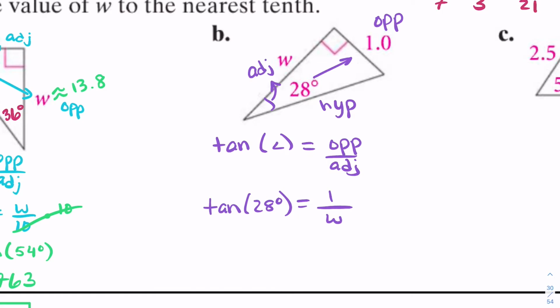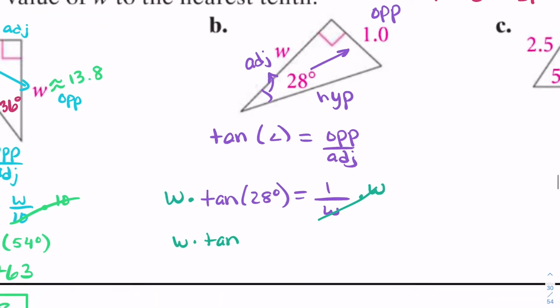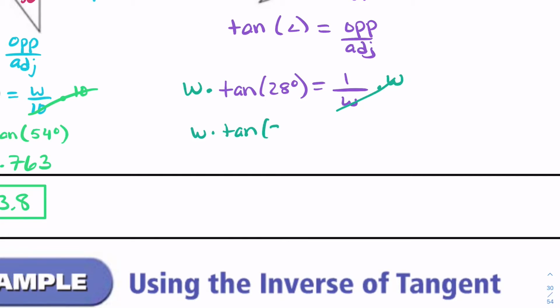You solve for W. If you don't see it that easily, what you can do is now do something like this. Multiply both sides by W. You get W times tangent of 28 degrees equals 1. And then you can divide both sides by the tangent of 28.